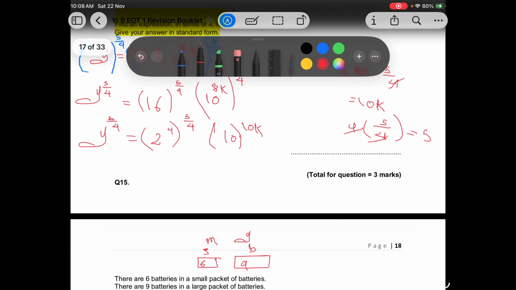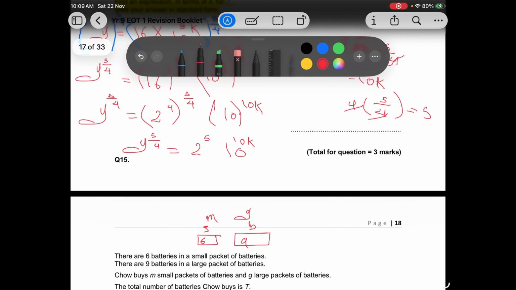So in total, y to the 5 over 4 equals 2 to the power 5 times 10 to the power 10k. And what is 2 to the power 5? If you multiply 2 by itself 5 times, it will be 32.